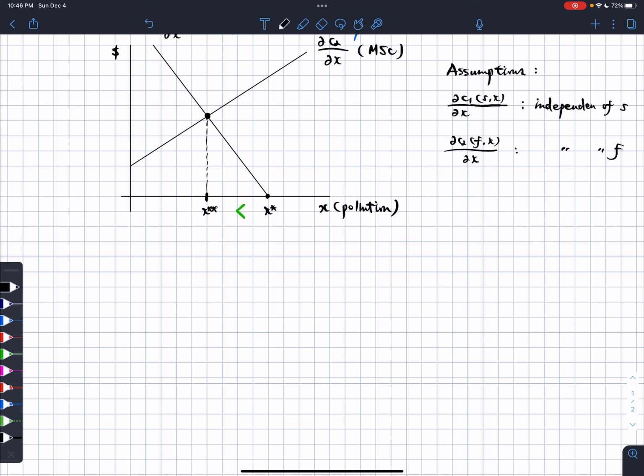In particular, I want to argue that the solution from the case where the two firms operate independently violates the first order condition for the merged firm.